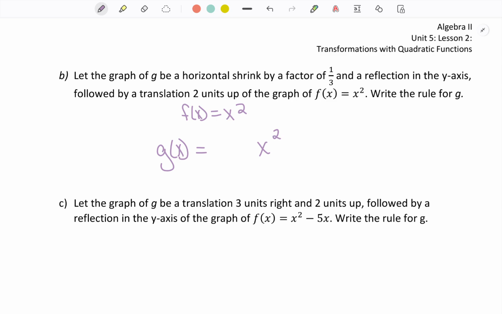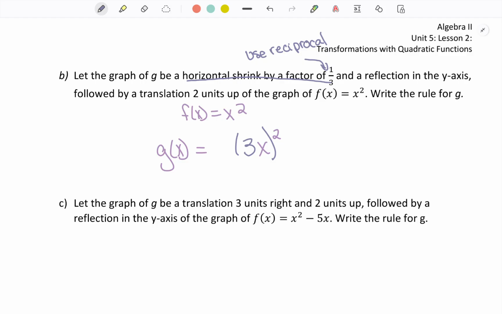And so we're going to have horizontal shrink by a factor of 1/3. So we need to actually write some parentheses. And then we need to use the reciprocal. And so we are going to make that a 3.